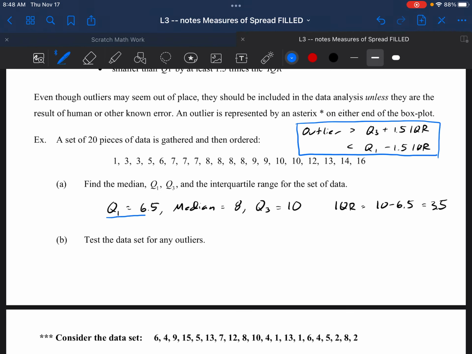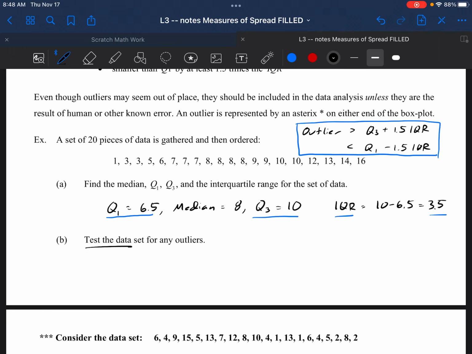Okay, so we have our Q1, we have our Q3, and we have our IQR. Just want to be sure that that looks like a 3.5 and not a 35. Let's make that 3.5.